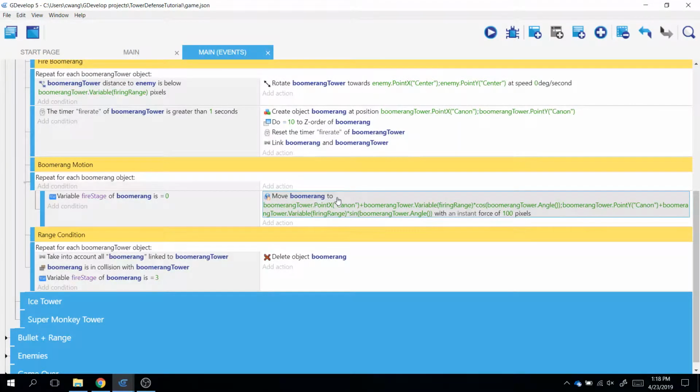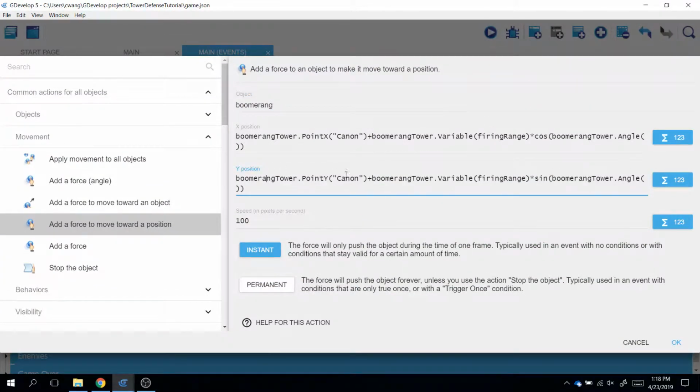Alright, that's for the X value. For the Y value, we're adding to the cannon position the firing range times the sine of the angle.